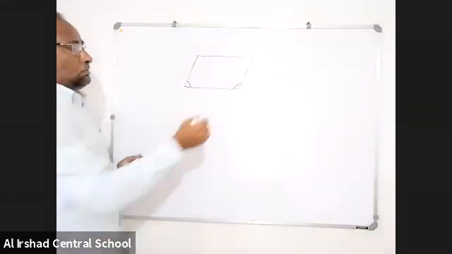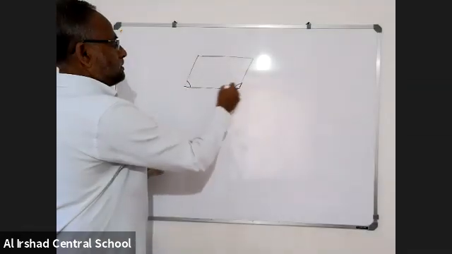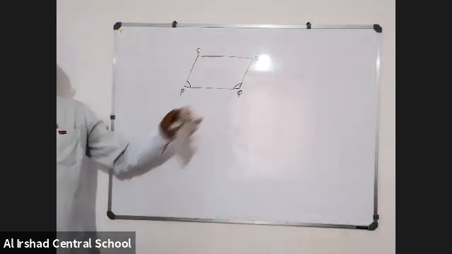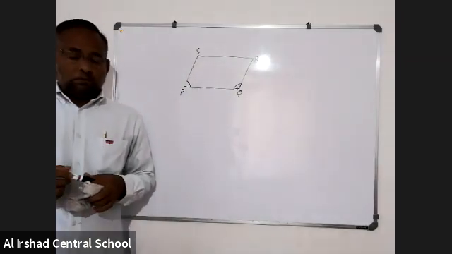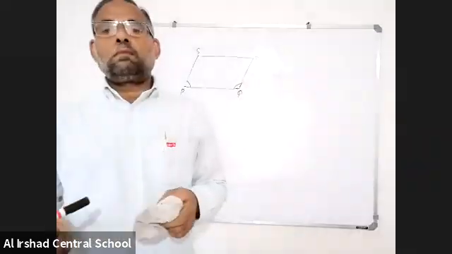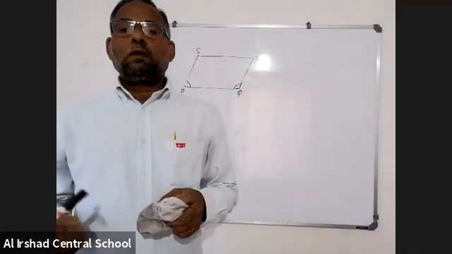In parallelogram PQRS, angle P and angle Q are adjacent, correct?